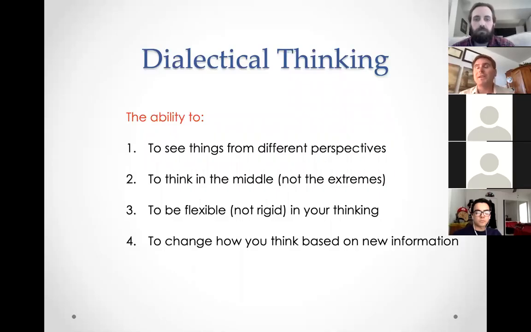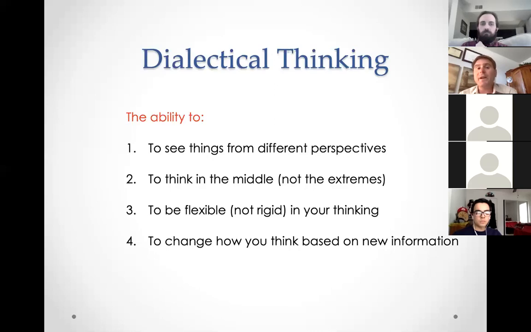Learning to think about things through this angle, but also another angle too. Dialectical thinking is also the ability to learn to think more in the middle, not always at the extremes. It's also the ability to be more flexible in how you think, not so rigid. And especially the ability to change how you think when you're presented with new information.